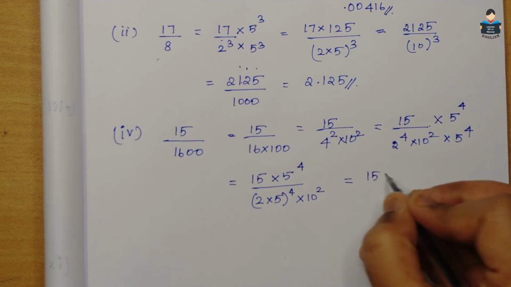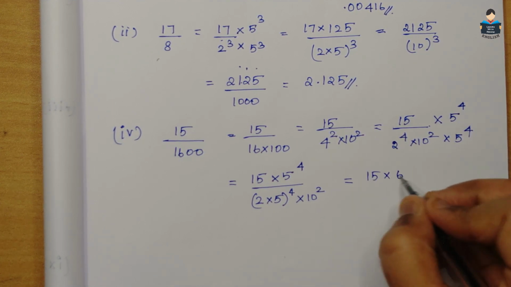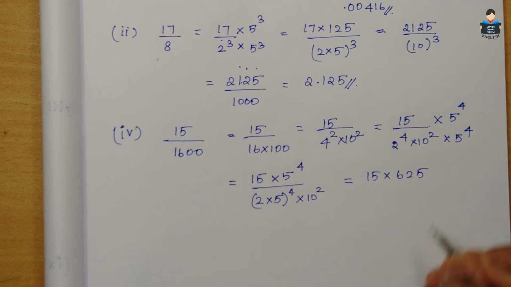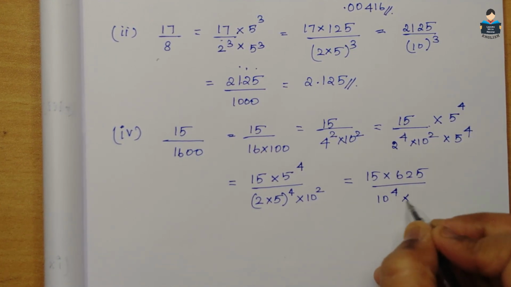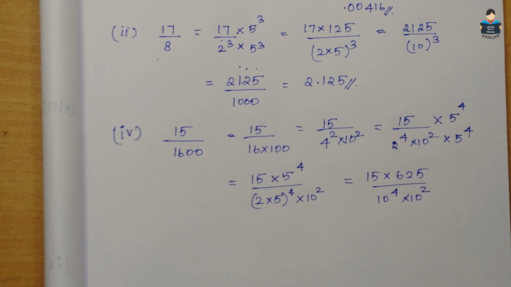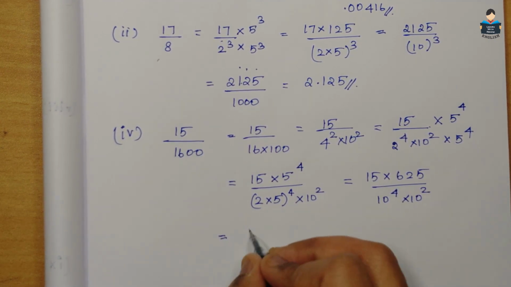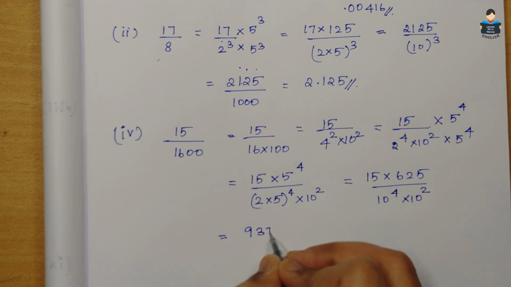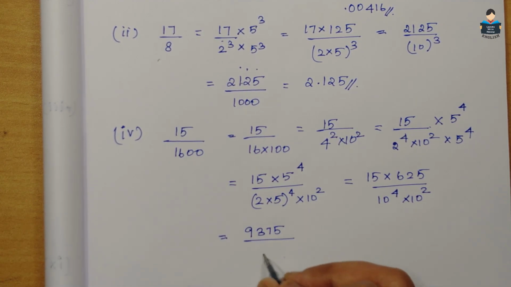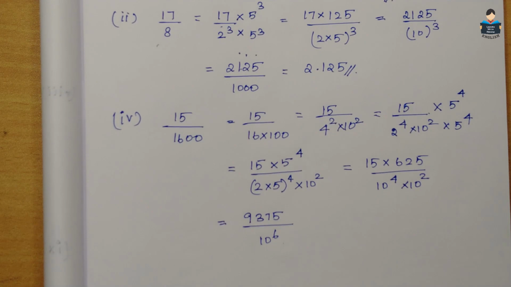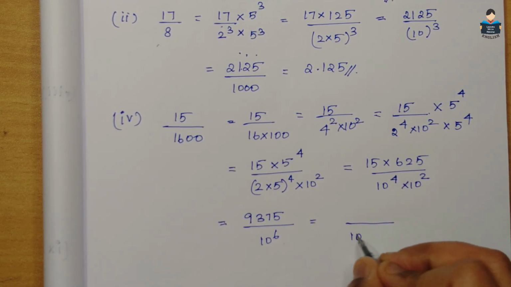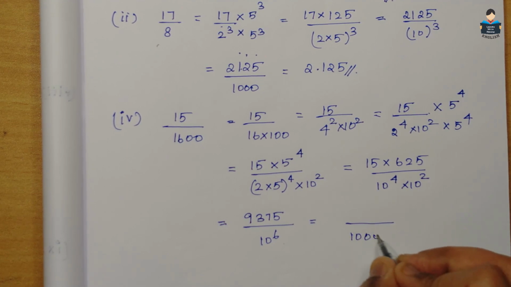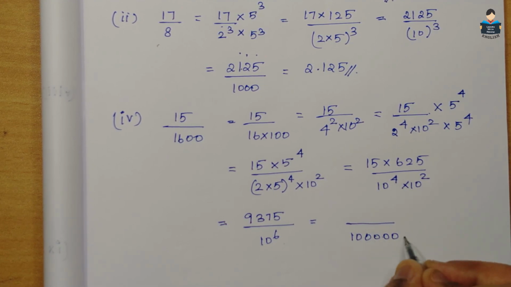So 15 into 625 by 10 to the power 4 into 10 to the power 2. So I will get 9375 by 10 to the power 6. I have to write it as 1 followed by 6 zeros.